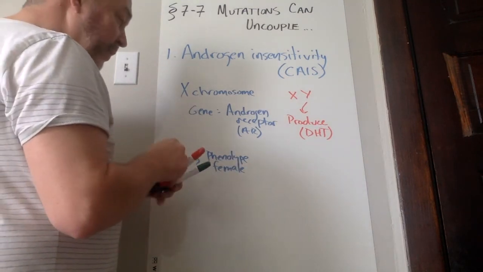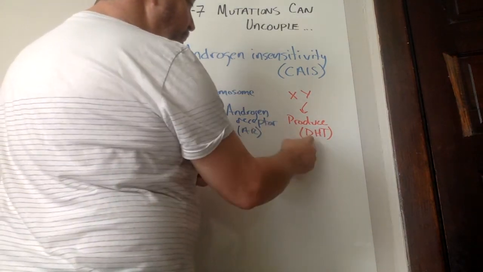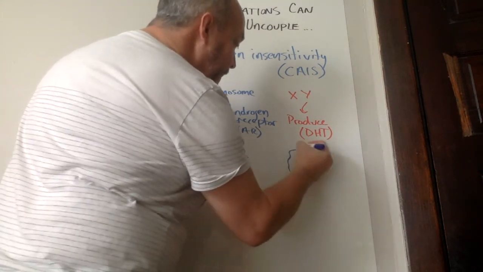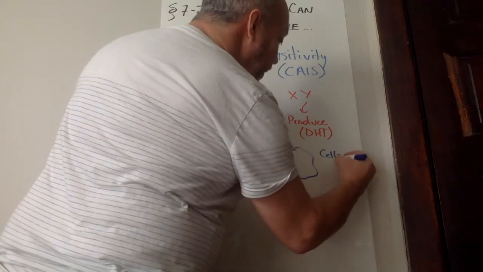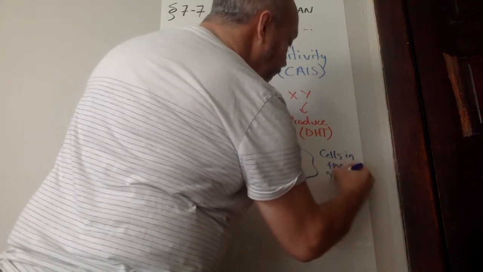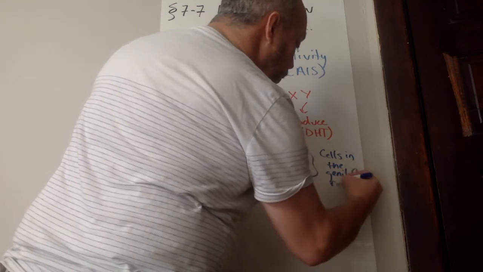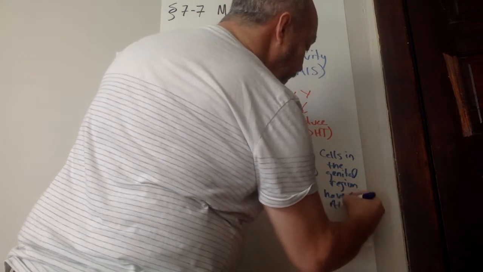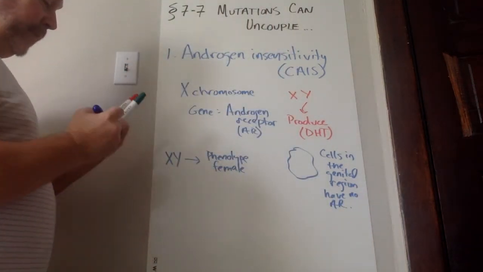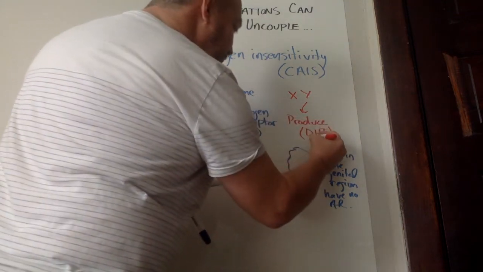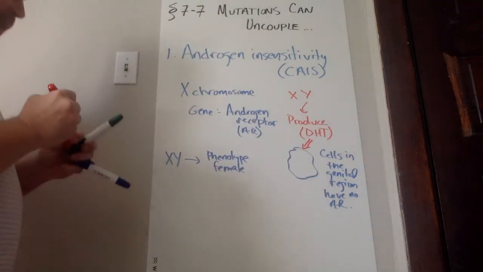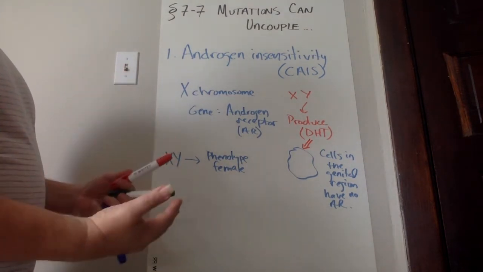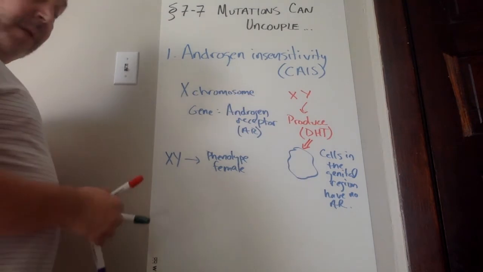So in these individuals, because they are Y, they produce DHT. However, the cells in the genital region have no androgen receptor. So DHT is being produced and sent to those cells. Since they can't hear it, the cells go to the default, which is the female precursor.